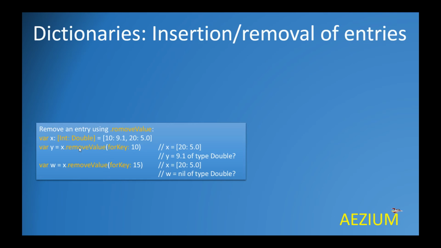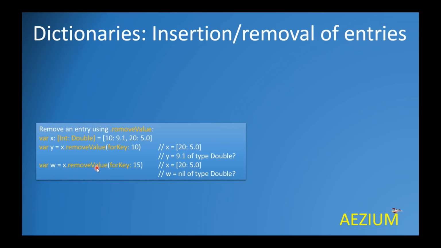So instead of just returning a simple Double here, this expression returns an optional Double. Whatever is returned here is passed on to y, which is our second variable. y is going to be 9.1, as I explained before, and the type of y is optional Double.